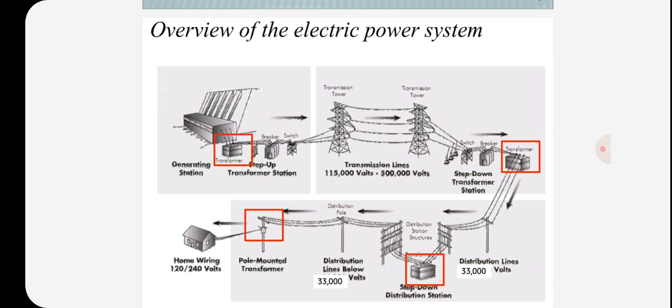High voltage transmission results in lesser cost of transmission lines and reduced power losses. Therefore, a device is required for stepping up the voltage at generating stations and stepping down the voltage at the places where it is used. The electrical device used for this purpose is called a transformer.